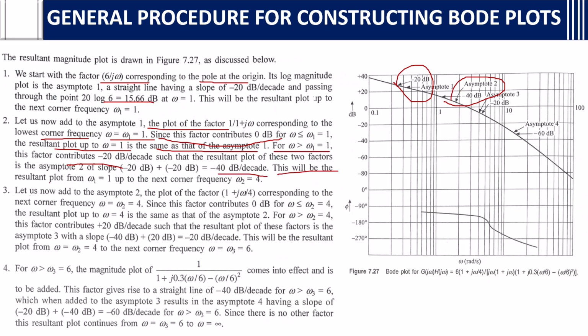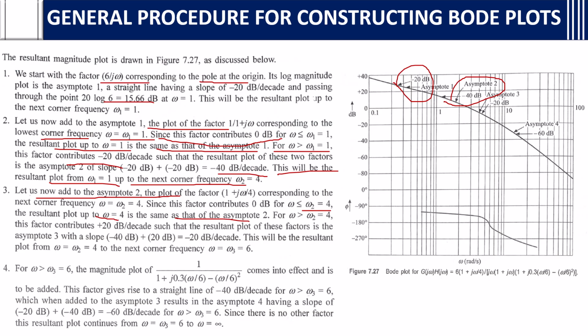This will be the resultant plot from omega 1 equals 1 up to the next corner frequency, omega 2 equals 4. Now let us add to asymptote 2 the plot of the factor 1 plus j omega by 4 corresponding to the corner frequency 4. When omega is less than omega 2, that is 4, the resultant plot is the same as that of asymptote 2.